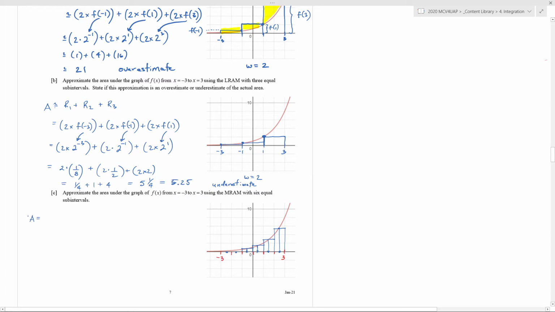So rectangle 1 has a width of 1 times a height of whatever the y value is at negative 2.5.